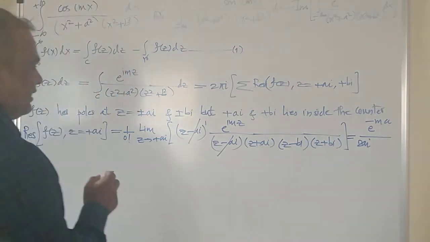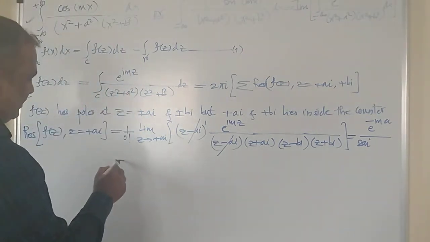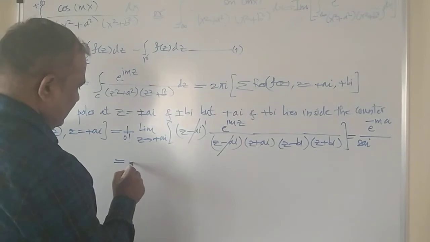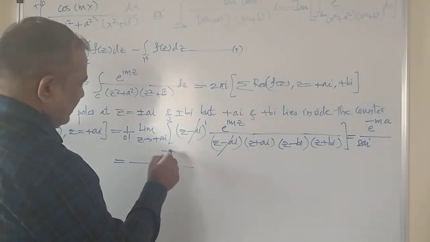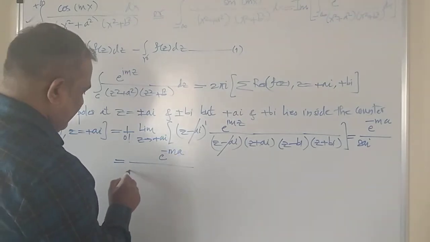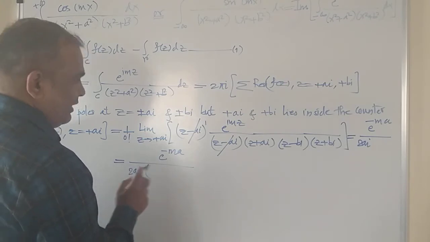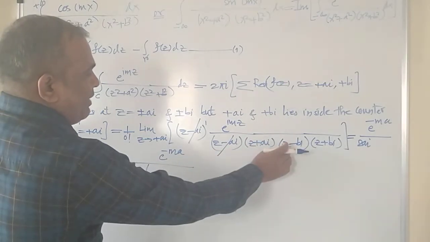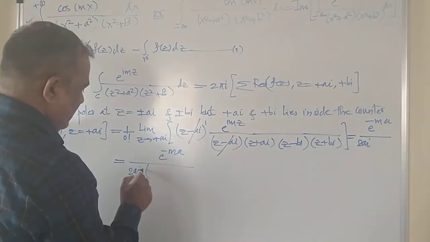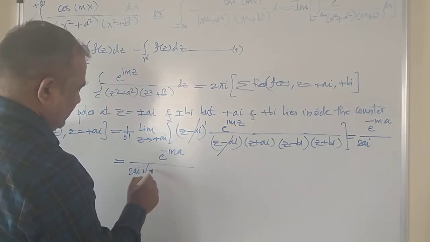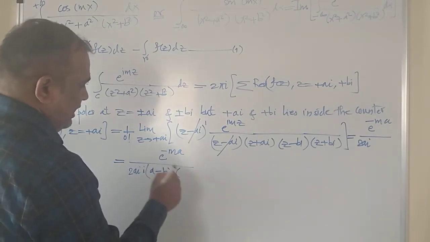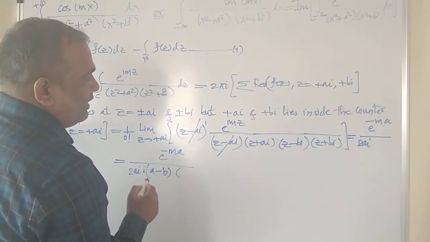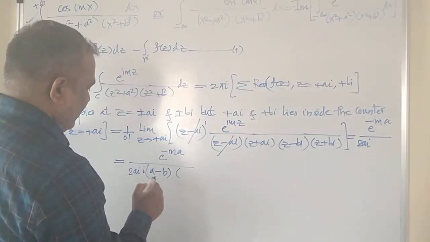So let me write here. I won't be able to write there. I don't have a space. So here you will get e raised to minus πm a divided by 2ai into (ai minus bi). Let me take out i common. That means (a minus b), and for the second bracket (ai plus bi), I will take one more i common.